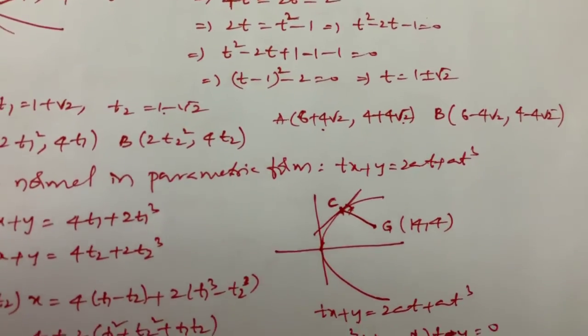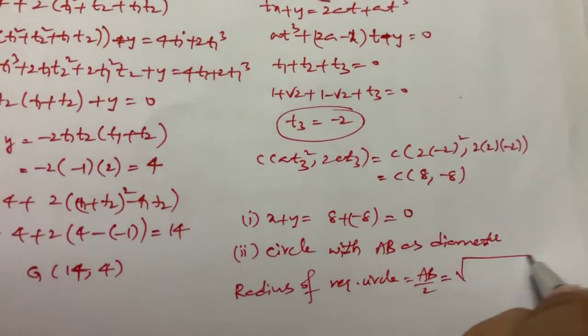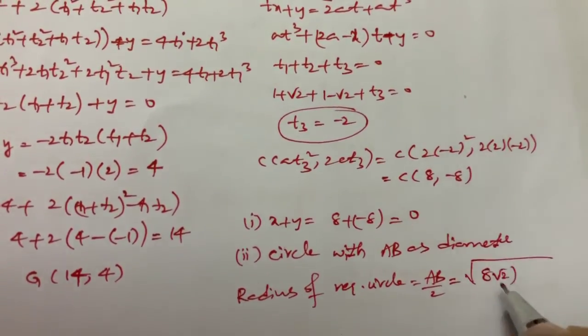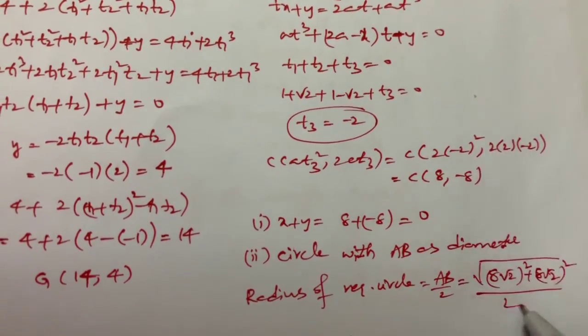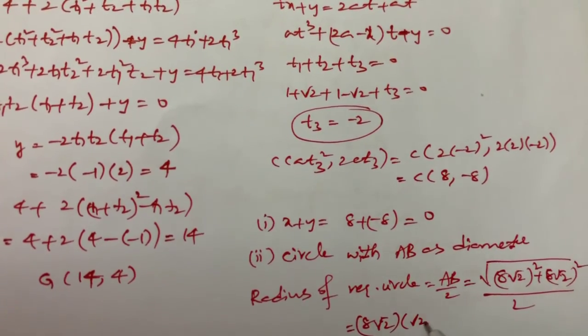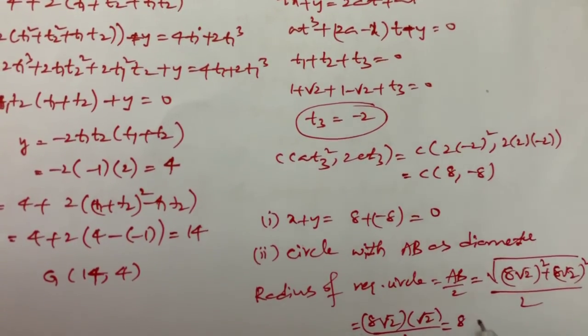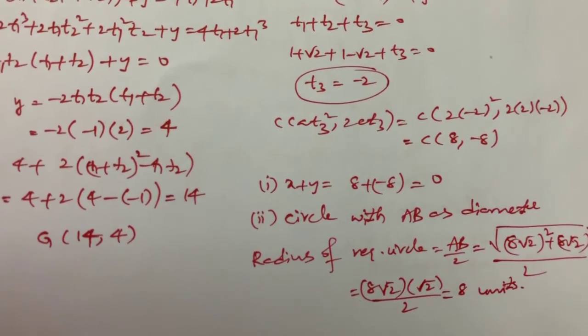So that is 64 into 2, and the root of that, by 2, is 8 root 2 into root 2 by 2. So this is 8 units. So the radius of the required circle is 8 units.